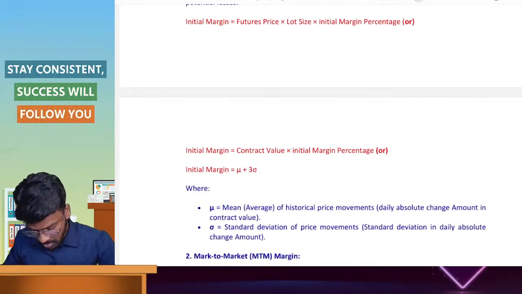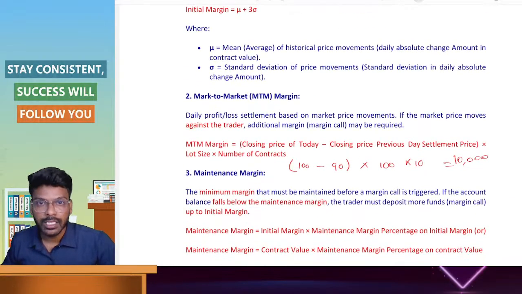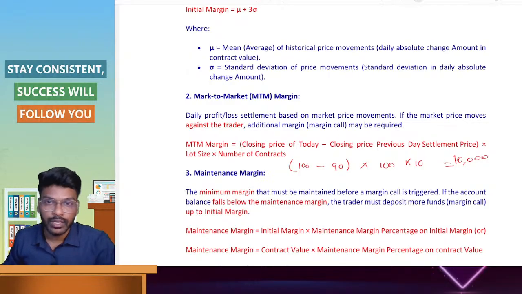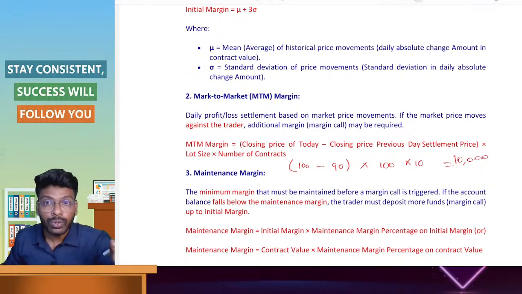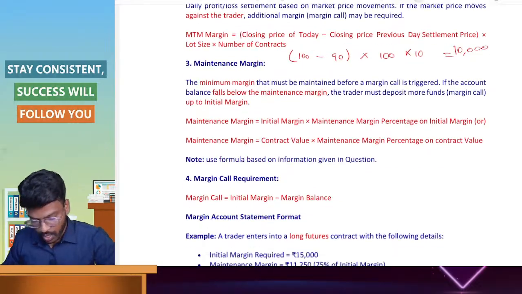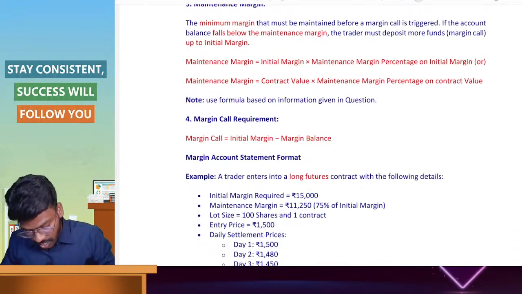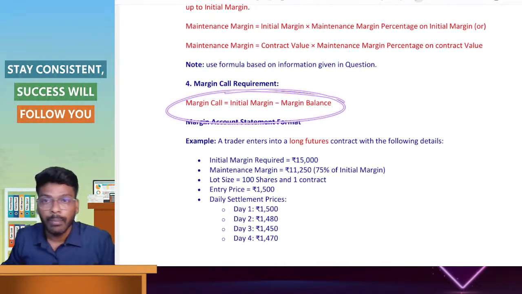There is a maintenance margin which has to be kept by the investor. If the margin balance goes below the maintenance margin, the investor has to bring the money up to initial margin. We have learned the formulas for computation of margin call.